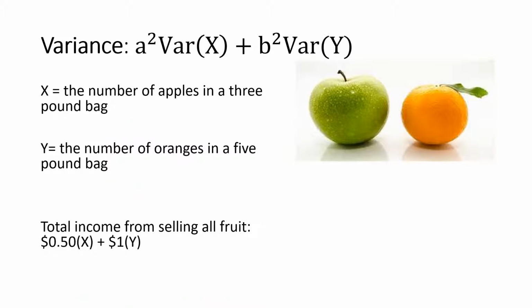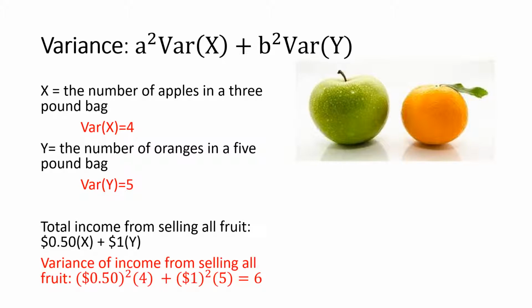We can also find the variance of our linear combination aX plus bY. To find the variance, we take a squared times the variance of X plus b squared times the variance of Y. If the variance of the number of apples in a 3-pound bag is equal to 4, and the variance of the number of oranges in a 5-pound bag is equal to 5, then the variance for the total income from selling all of the fruit is going to be 50 cents squared times 4, which is the variance of X, plus $1 squared times 5, which is the variance of Y, which gives us 6.